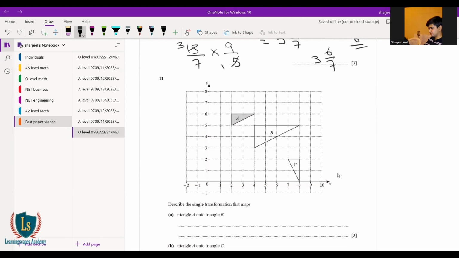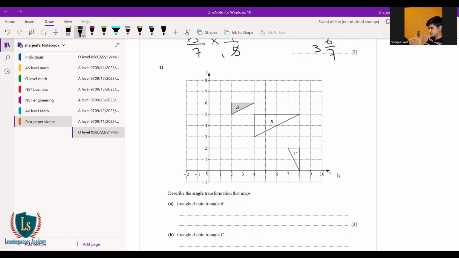For question number 11, we have to describe the transformation that maps triangle A onto triangle B. So it's an enlargement, and we have to find the center of enlargement as well. So we will connect the similar coordinates and check whether they are equal to a single point or not. So for that, we will try to connect these points.